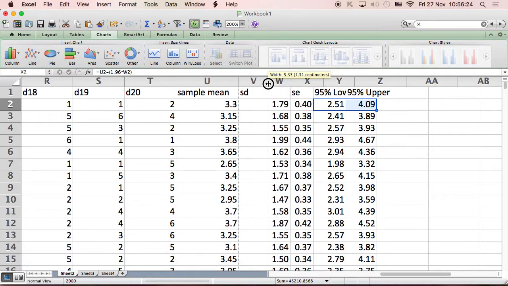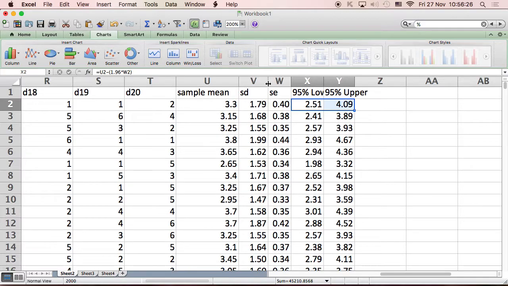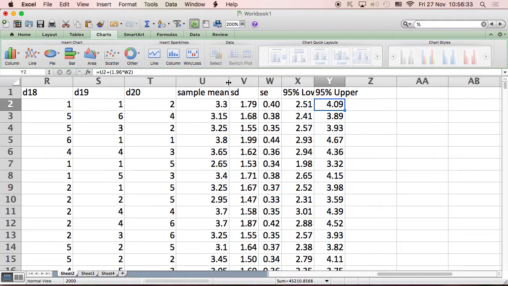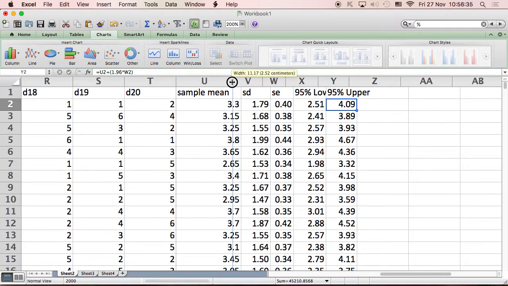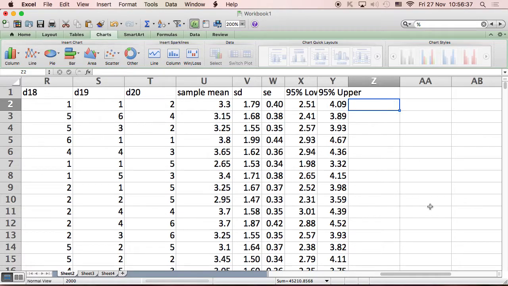Questions? The calculation part is easy, but the theoretical understanding of it may be a little bit trickier.